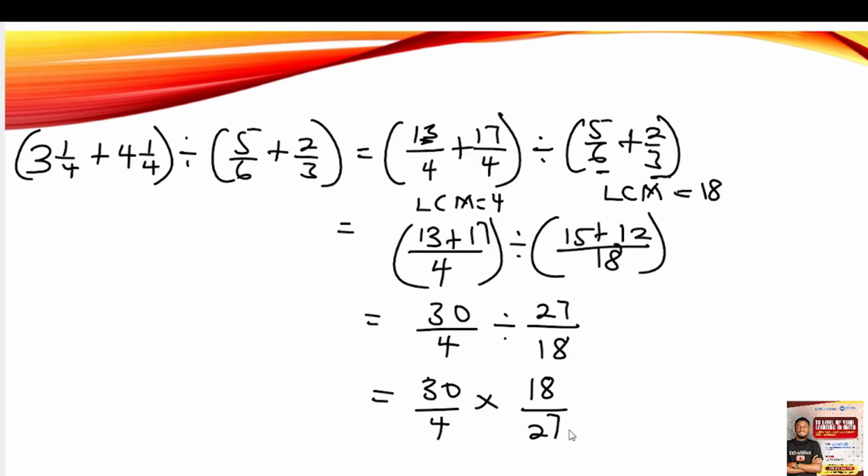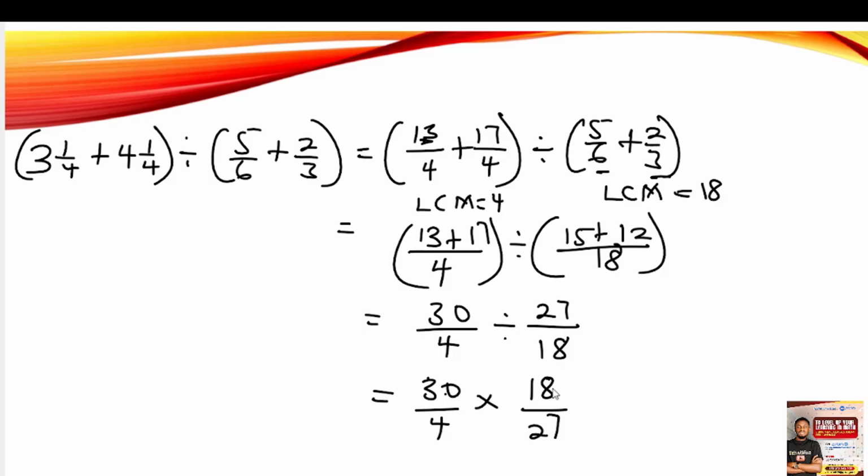Alright, the next thing is to check whether we can do cross simplification. Here we can get a number that can divide 4 and 30, as well as 4 and 18. You can also get a number that can divide 30 and 27, and 27 and 18. So anyway, we are good to go.